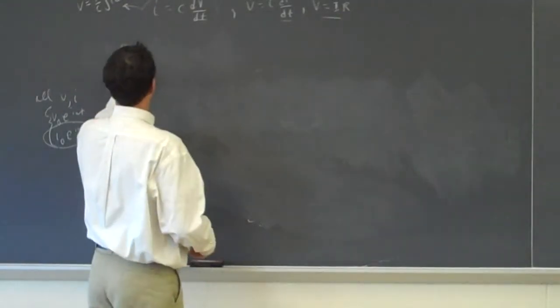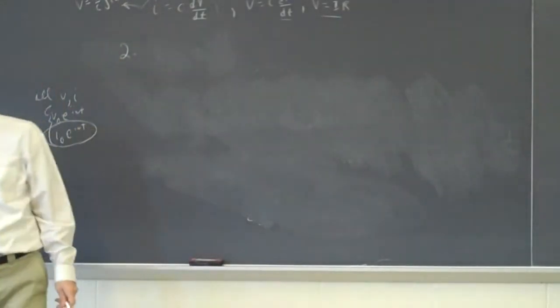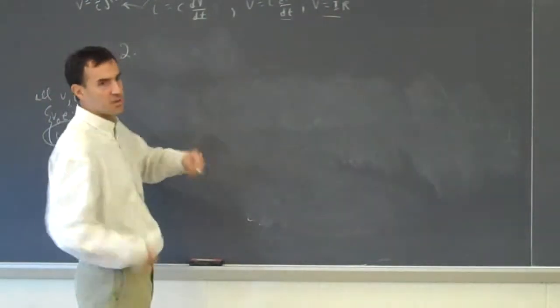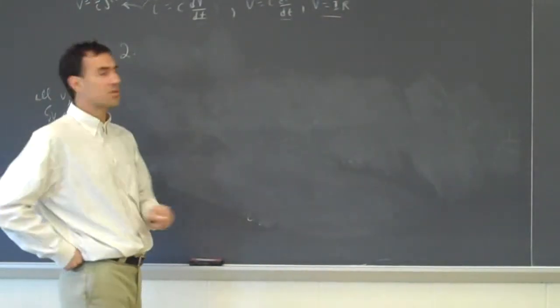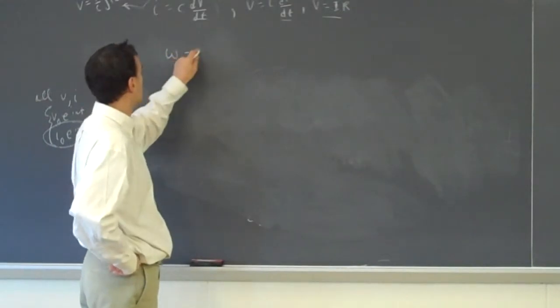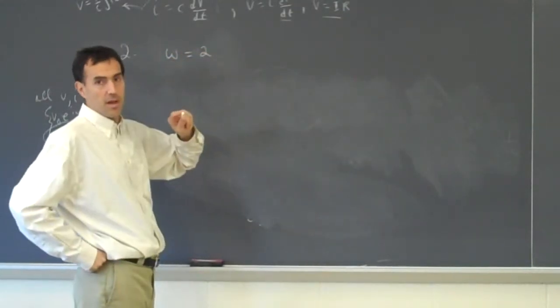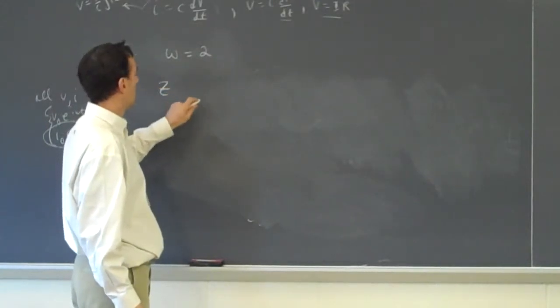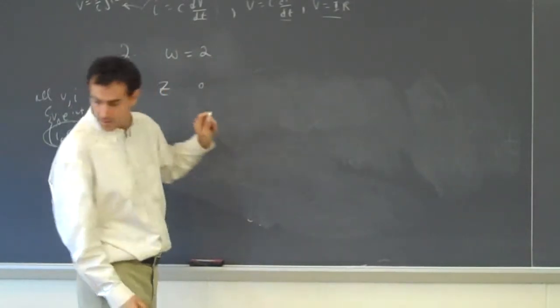Question number 2. If I have some sinusoidal source such that omega equals 2, let's calculate the impedance of the following circuits.